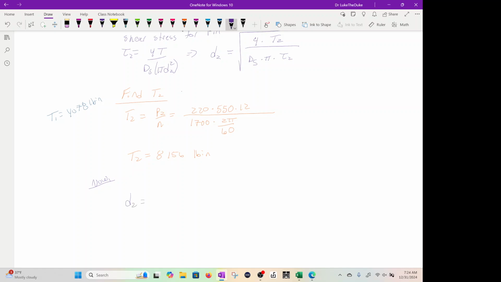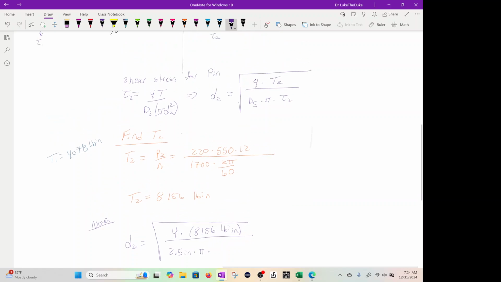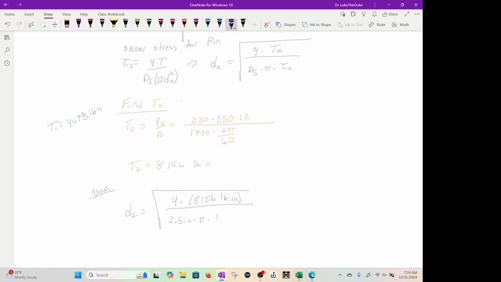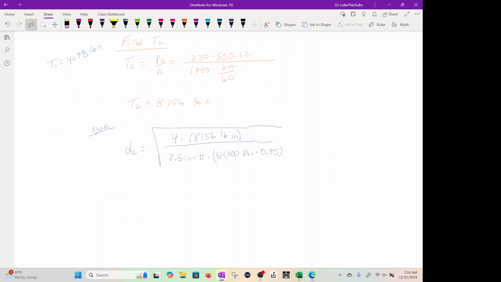So D2 is the square root of 4 times the torque, 8156 pound-inch, over the diameter of the shaft, which is 2.5 inches, times pi. And then this tau 2 is tau B, which will be SU, which is 64,000 psi times 0.75. Again, designing for failure, design factor. The design factor was 1, so I'll just divide by 1.